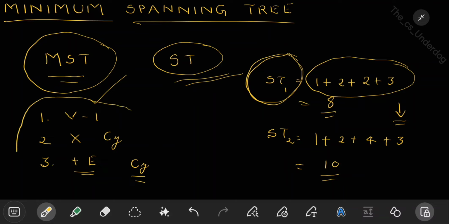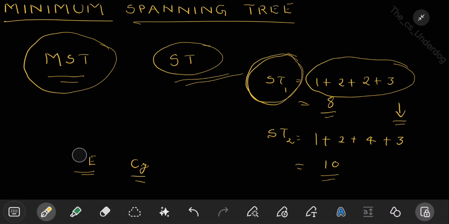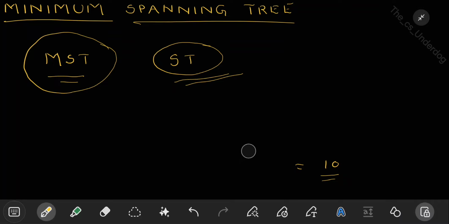So all these properties that we learned in the last lecture, which are common to all spanning trees, apply to MST as well. In this lecture, we will be focusing on what is peculiar about MST, what makes minimum spanning tree special and what are the properties that are specific to minimum spanning trees. This is what we will focus on in this lecture.